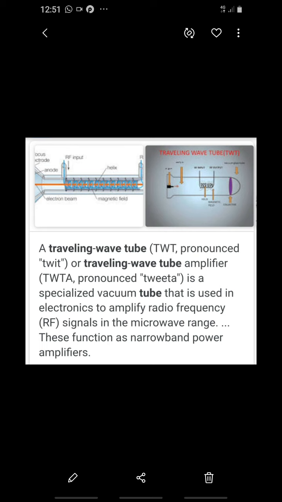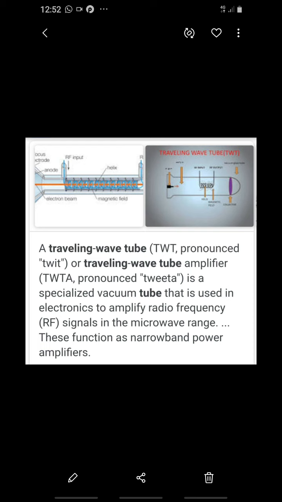The interaction between the RF field and the moving electron beam will take place when the RF field is retarded. The RF field is retarded by using a slow wave structure.